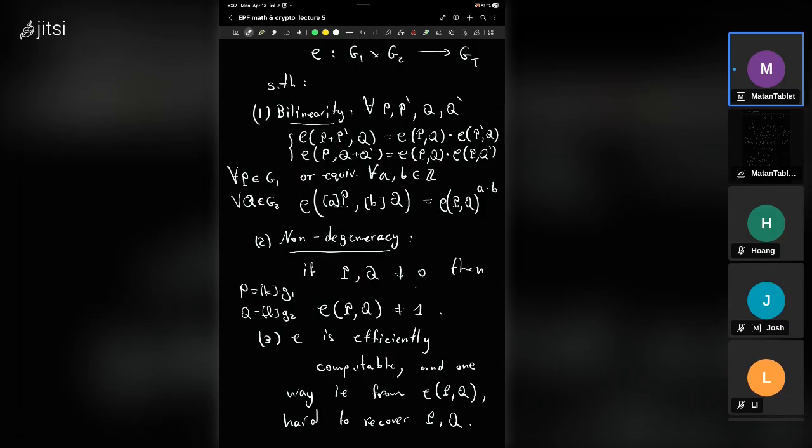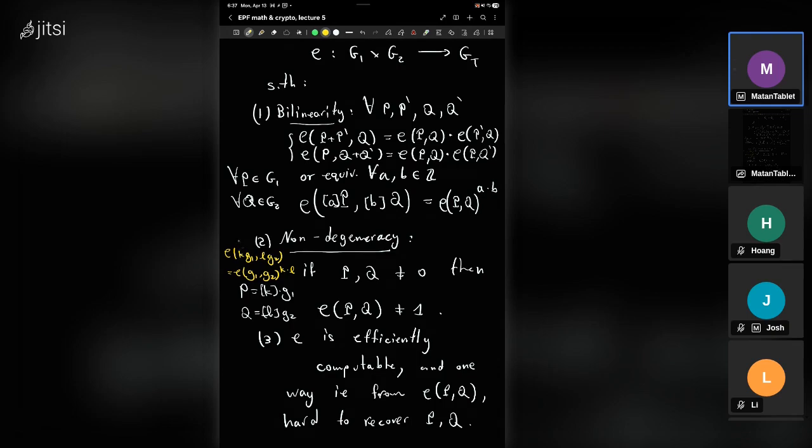Then I will have E of k G1, l G2. This is E of G1, G2 to the k times l.